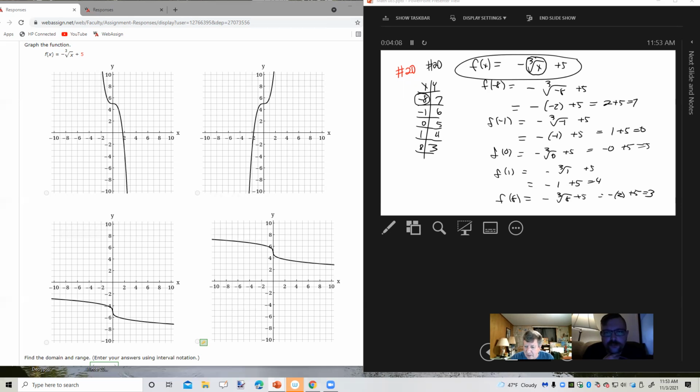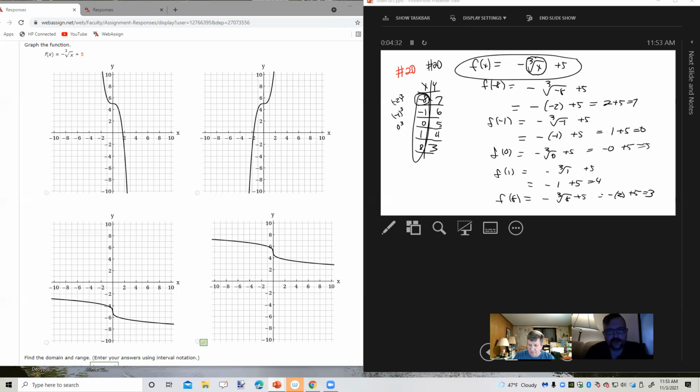So I'm deliberately picking numbers that are cubes so that when I take the cube root of the cube, I get a nice number. So -8 is -2 cubed, -1 is -1 cubed, 0 is 0 cubed. In other words, I chose perfect cubes to make life easier.